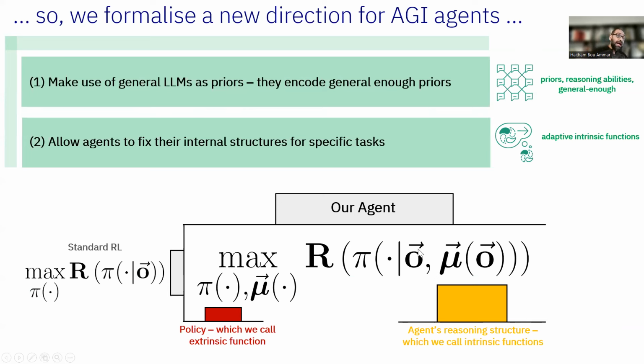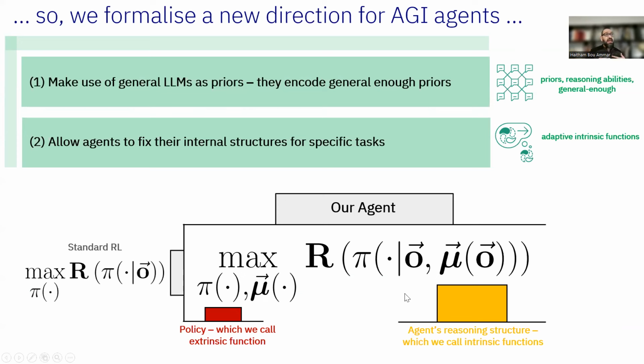However, now your policy is not only conditioned on the observations, but also on a set, or a nesting of many, of those functions mu. We put this vector notation here to say that this could be a nesting of many things. Those functions mu allow the agent to change its reasoning structure depending on the task we are interested in. And now the goal is to maximize the return from the environment with respect to the policy pi and this vector mu.